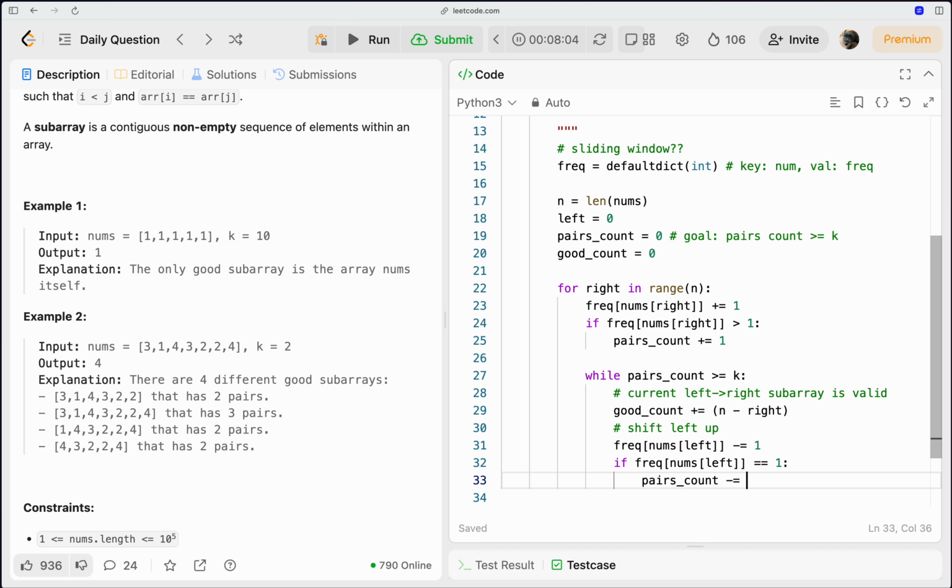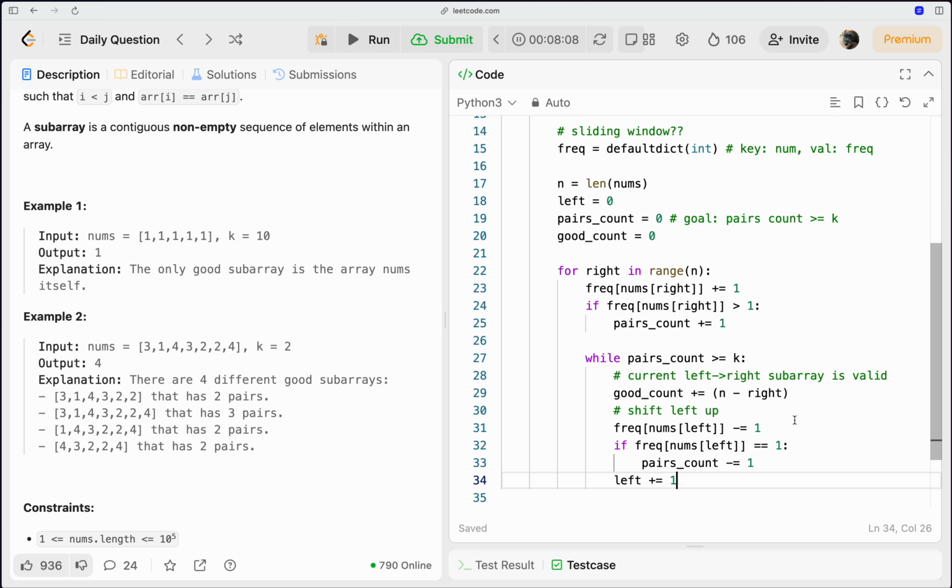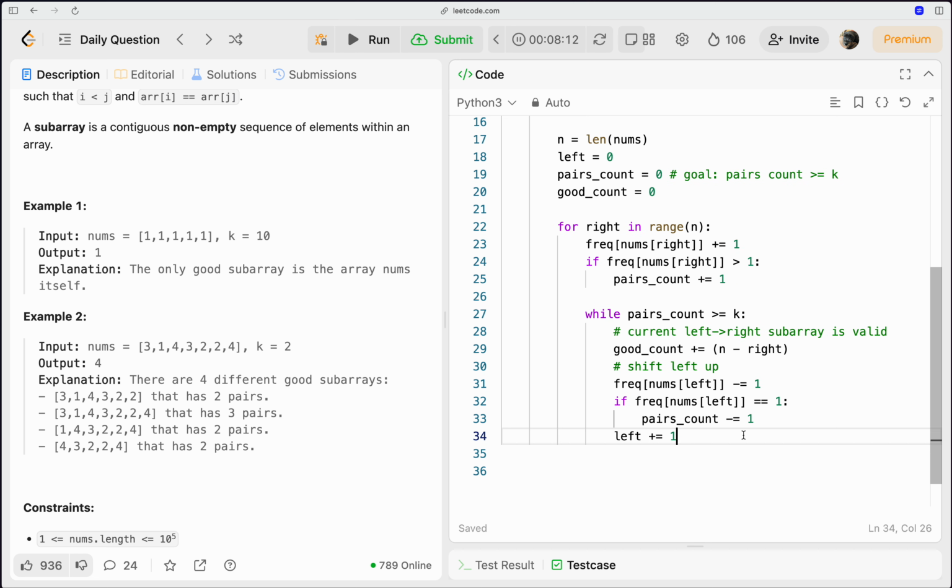So pairs count needs to decrement by 1 as well. And then we can't forget to increase our left pointer. So this is just sliding window stuff. Is that it? And then we just return the good count when we're done.